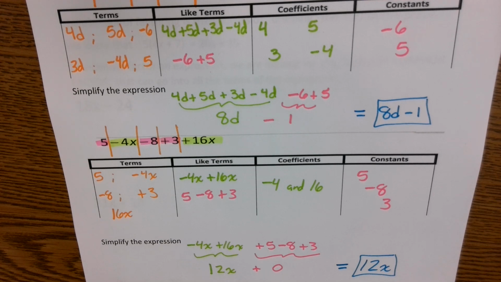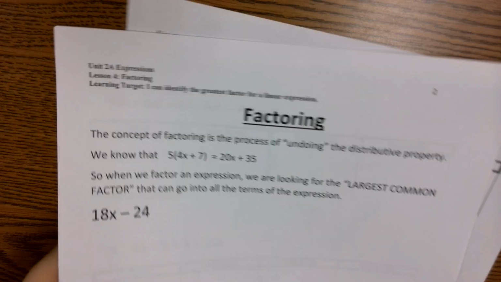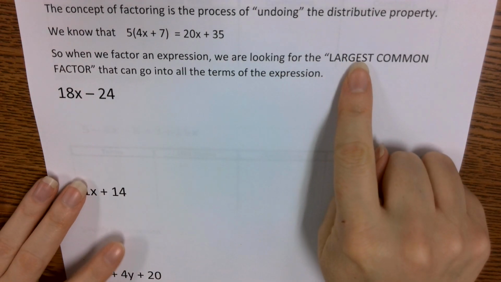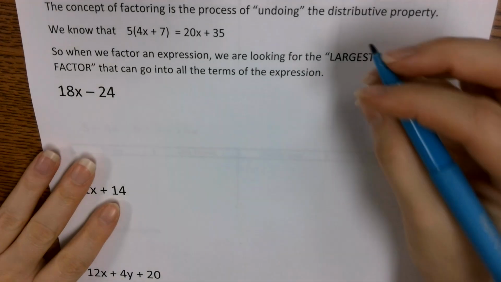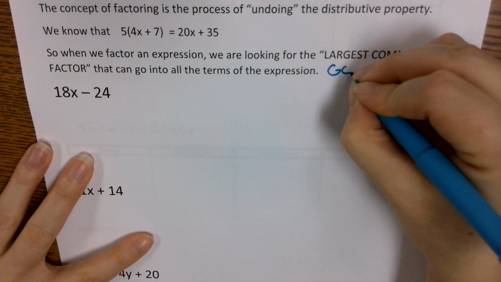Okay, and how do we find those factors? It's the largest number that can what? That can divide it. The largest number that can divide it. Okay, so let's go ahead and flip our paper on over to the back. So when we're talking about the greatest common factor, GCF, that's what we're looking for.